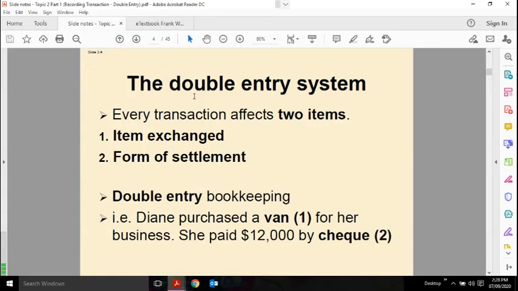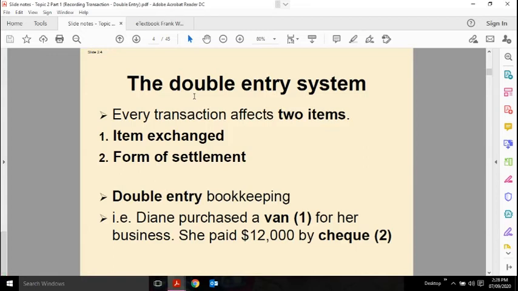The first one is item exchange. This means there must be movable items, something going from one party to another. The second one is form of settlement. What I taught you last week was the mode of payment, right? Form of settlement or mode of payment is the same thing.